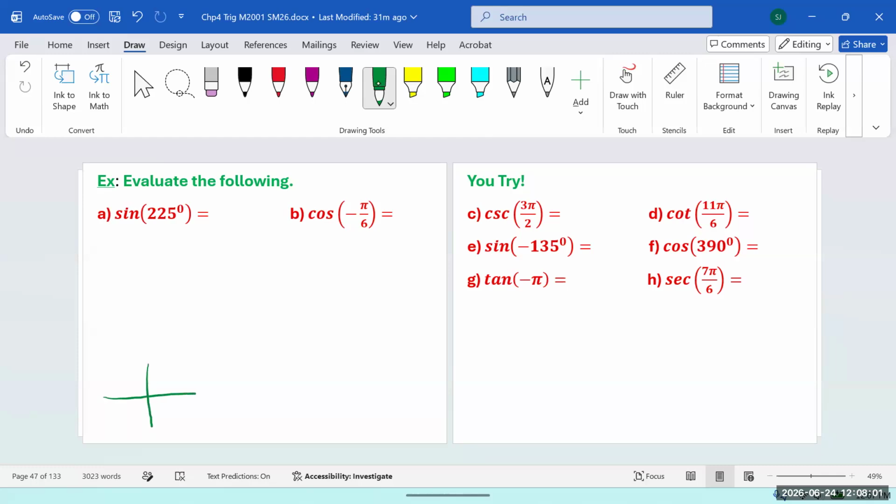find the reference angle. If visualization makes it easier for you, draw this 225 degree angle. This is 90 degrees, this is 180 degrees, and 225 is somewhere here. We need the reference angle here.